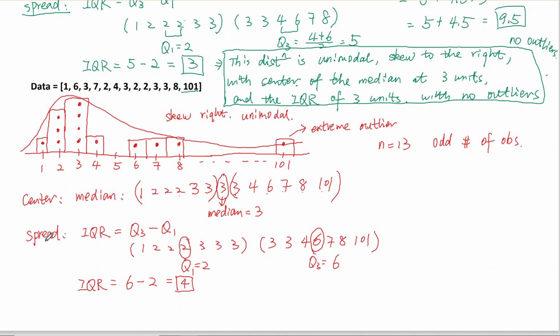Right, so next we need to decide whether this extreme outlier is a true outlier or not, by calculating the lower limit and upper limit.